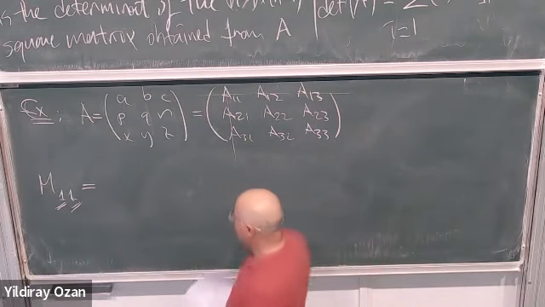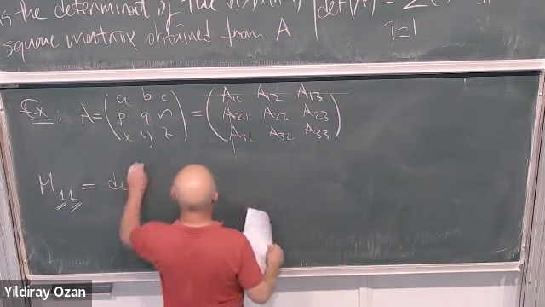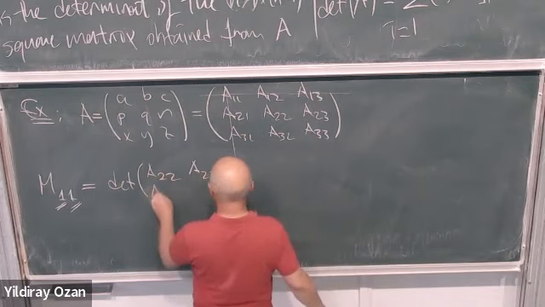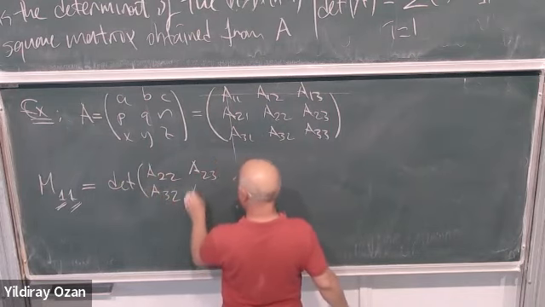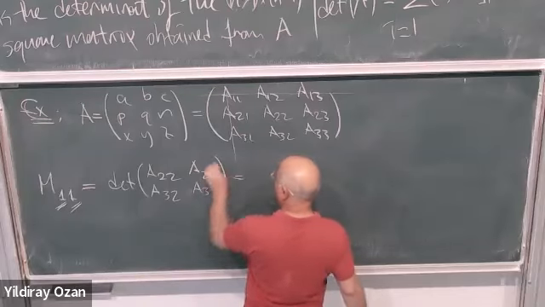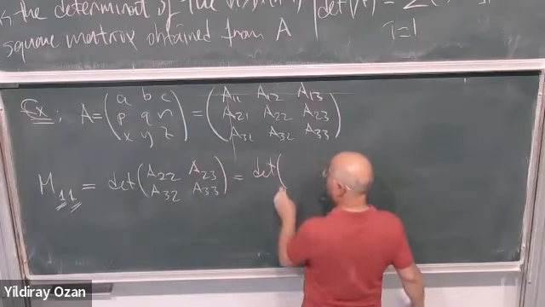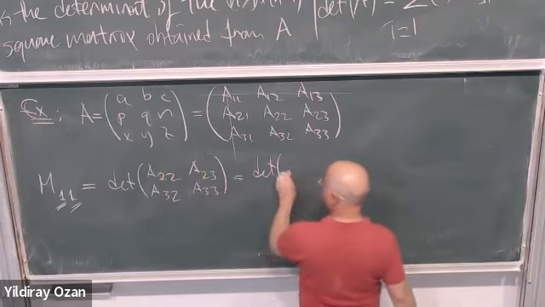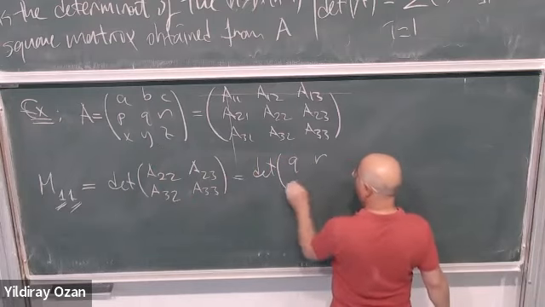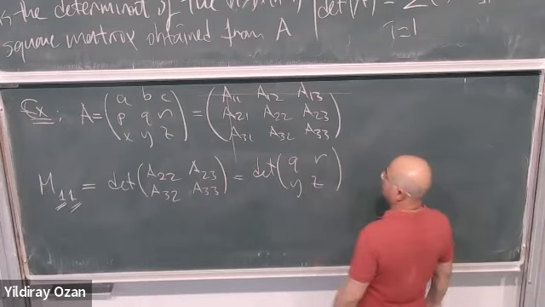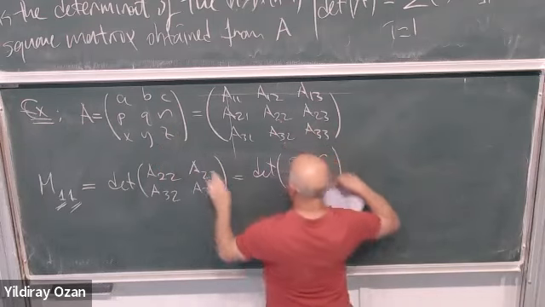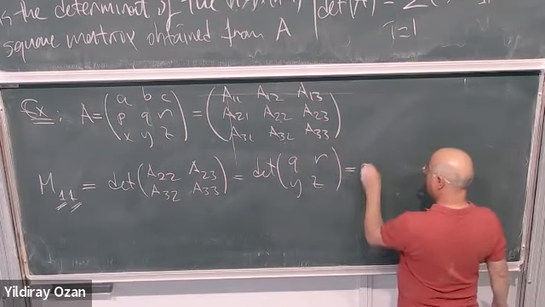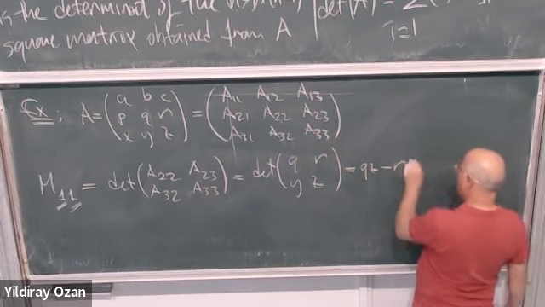So this is the determinant of A22, A23, A32, and A33. In the other representation, it is Q, R, Y, Z. And what is the determinant of this one? Well, this is just diagonal ones minus off diagonal ones.